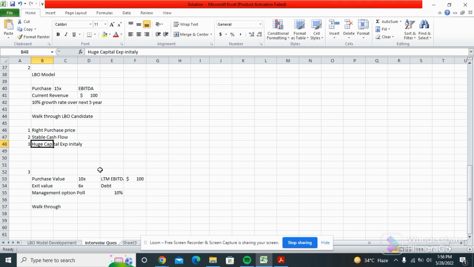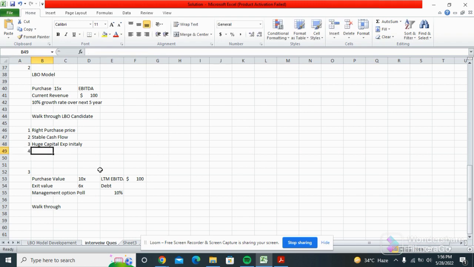If we need a huge capital expenditure in a company which is acquired, it would not be suitable for us as a better LBO candidate, because huge capital expenses would affect our cash flows and also affect our returns.